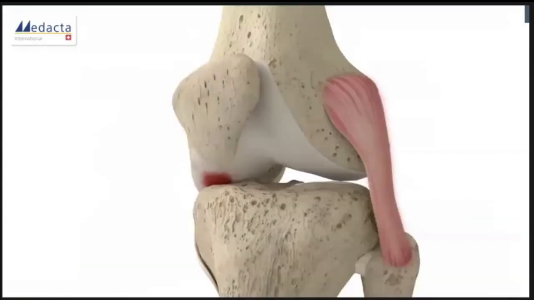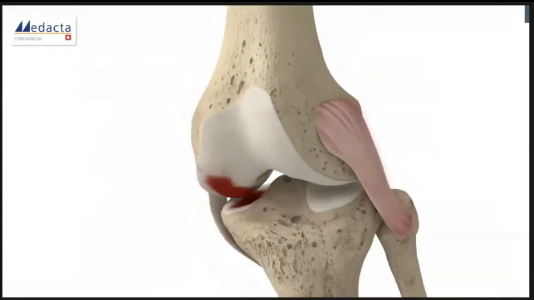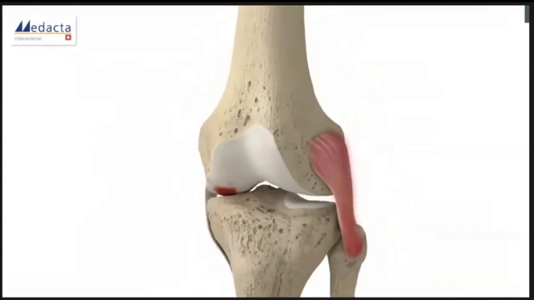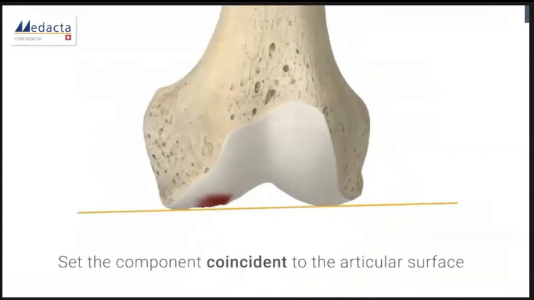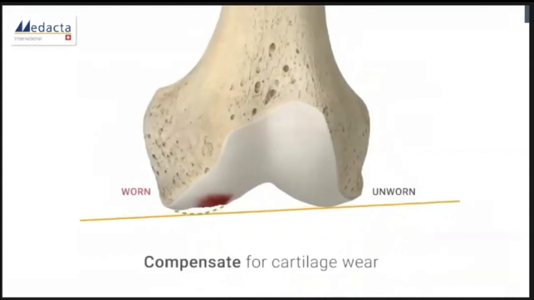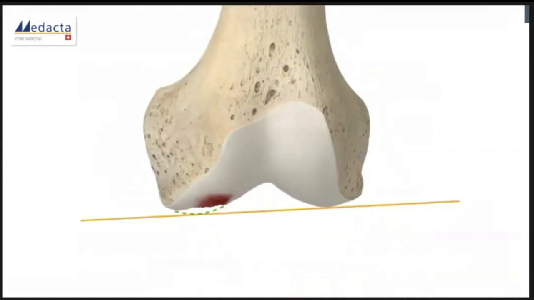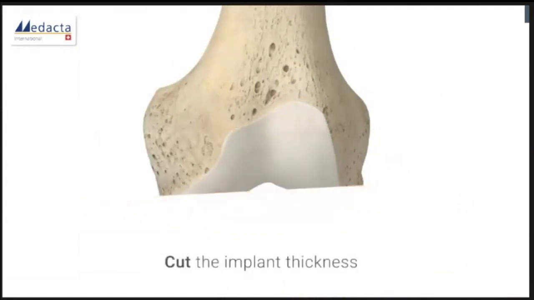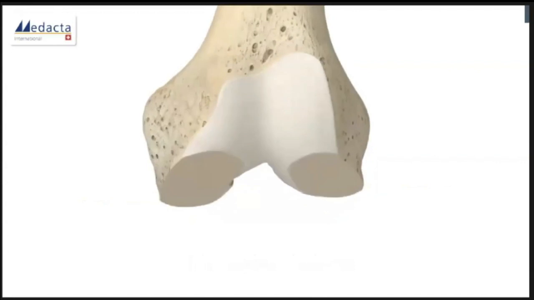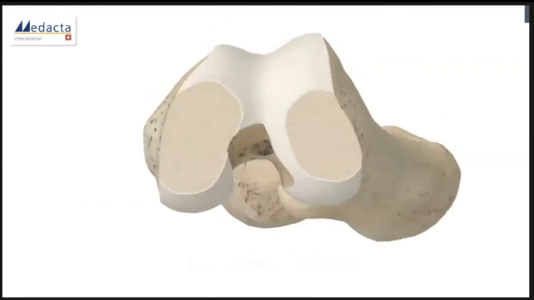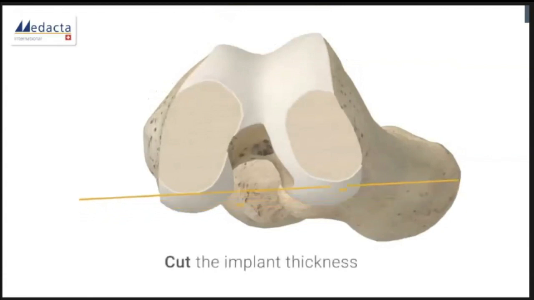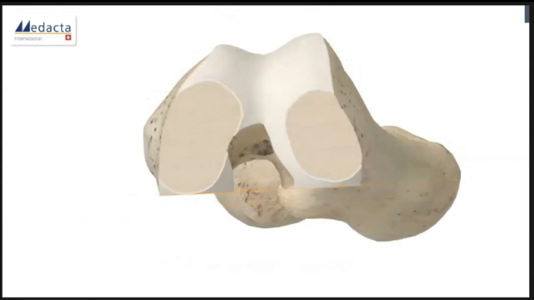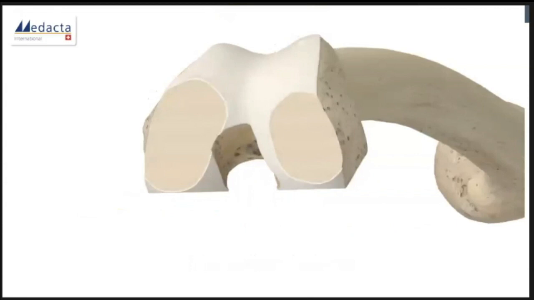This is a video provided by Medacta illustrating very well what the kinematic alignment technique is. So we want to set our distal resection compensating for the cartilage loss and bone loss and resecting an equal amount of thickness on the medial and lateral side. Same for the posterior condyle, where a symmetric resection is performed.